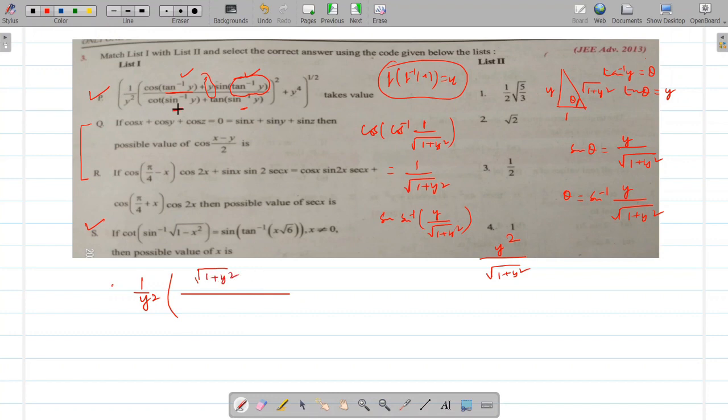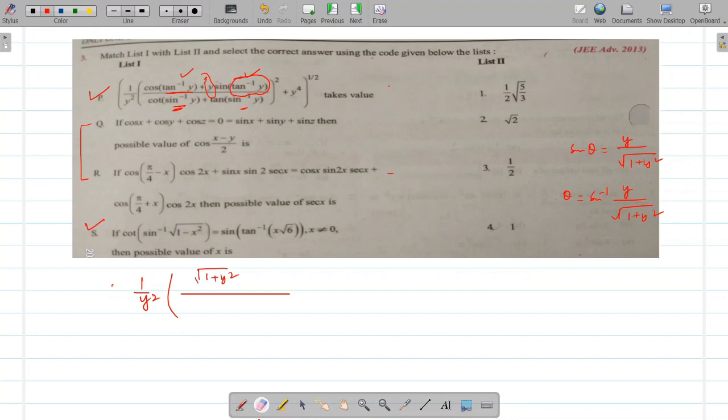Now we'll simplify this cot of sine inverse of y. Similarly we can simplify this cot of sine inverse of y also. So draw a triangle. Let's say this angle is theta. Now you have sine theta's value is y, as I have taken sine inverse of y equals to theta.